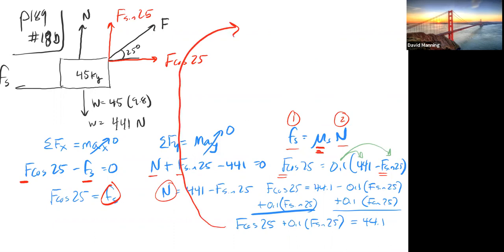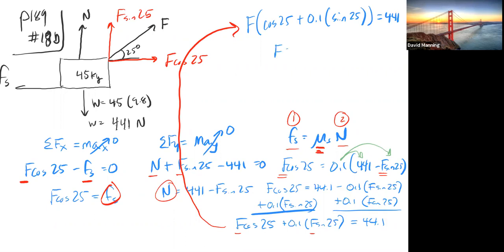What I'm going to do is factor out the F when I move it. So that gives me F times the cosine of 25 plus 0.1 times the sine of 25 equals 44.1.